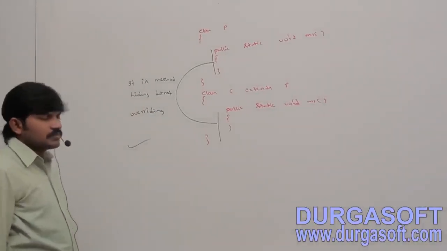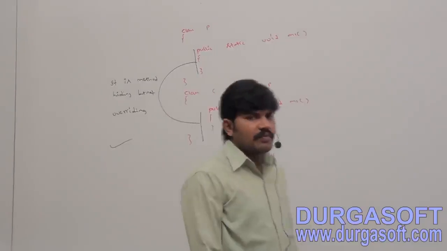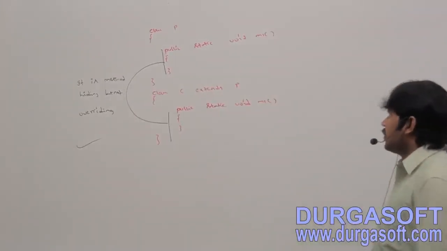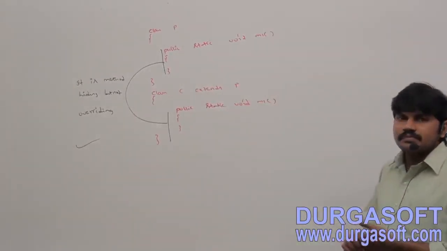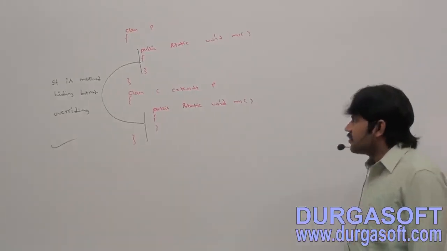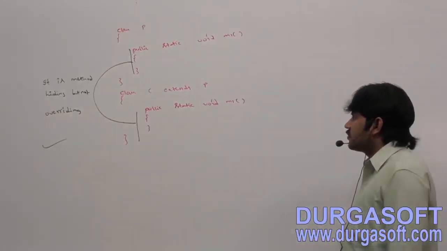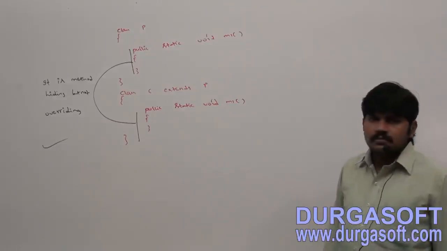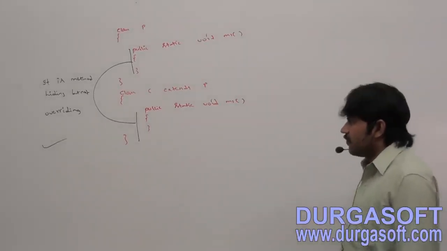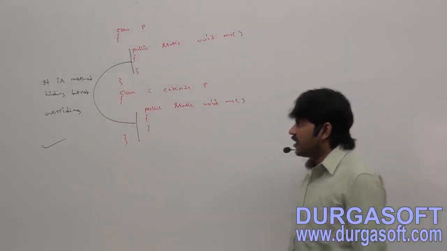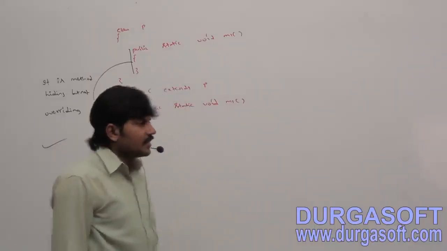Class P has public static void m1, and class C extends P with its own public static void m1. It is method hiding but not overriding.